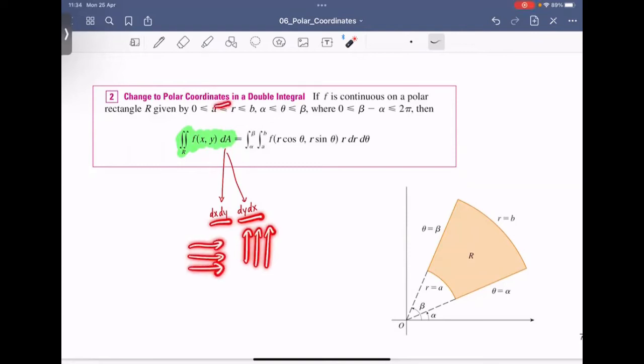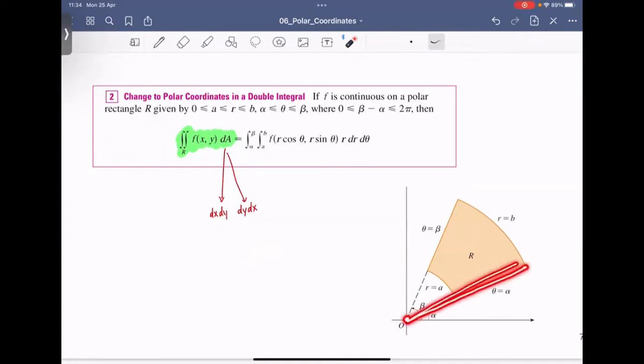For polar coordinates, the way you cut the picture is to start from the pole, and draw the ray or the radius, whatever you call it. Start from the pole always, and hit the region that you want.